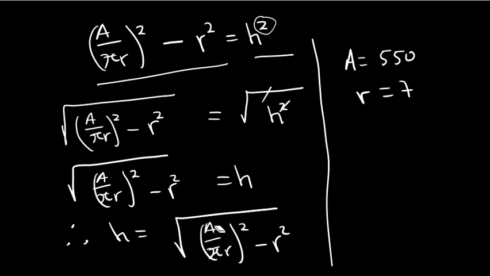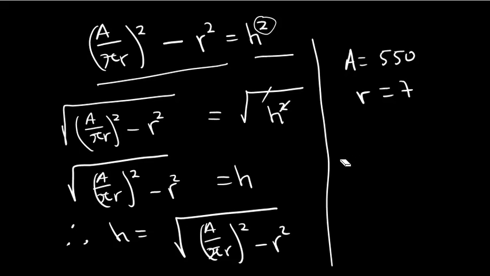So in this case, you are going to take the expression that you had for h, that is h being equal to the square root of A over pi r all squared minus r squared. You are going to take that expression, and wherever you see A, you substitute 550 there, and where we see r, we put 7 there.